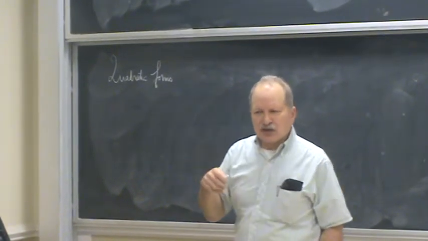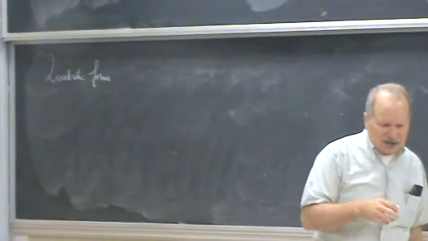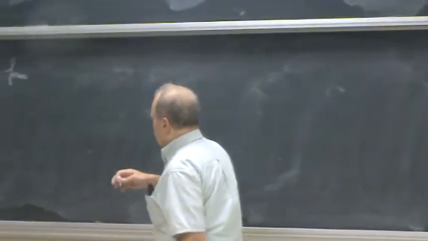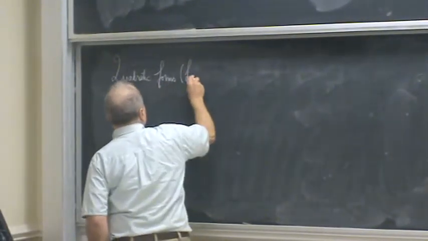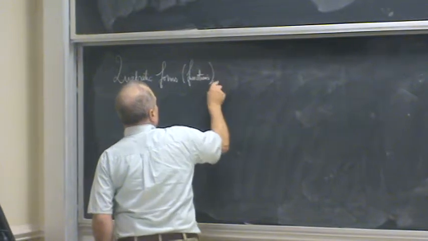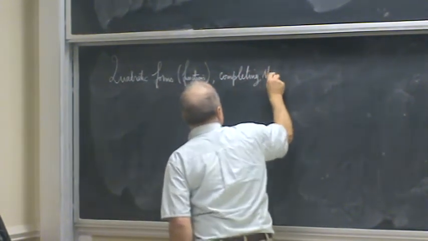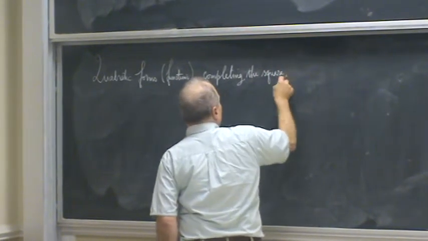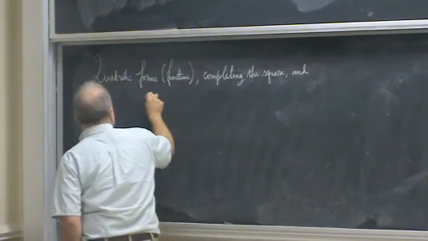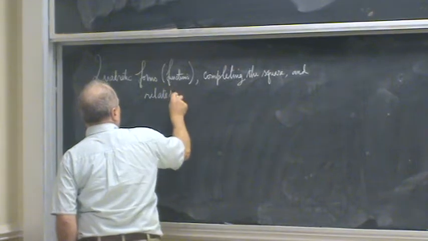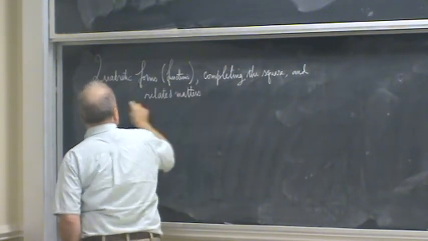The word form gets used in the context of linear and multilinear algebra a lot. So this is just a fancy word for functions. Completing the square. And eventually we'll tie this back to the calculus stuff.